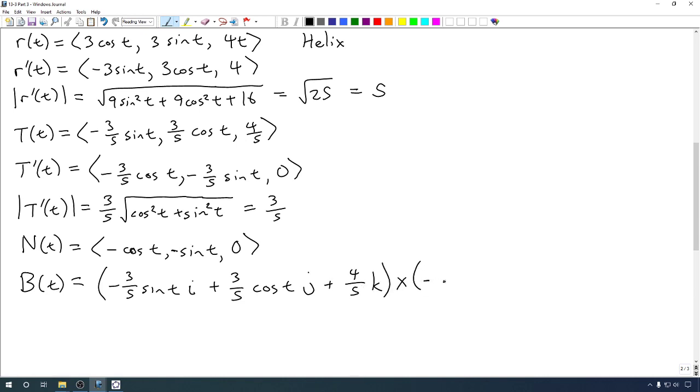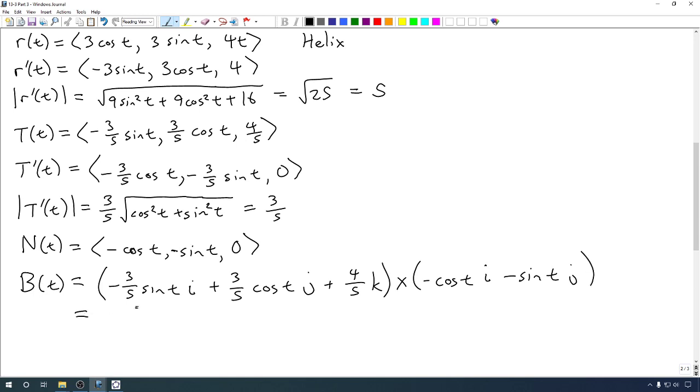That's going to be crossed with N, which is negative cosine t i minus sine t j, and then plus 0k.